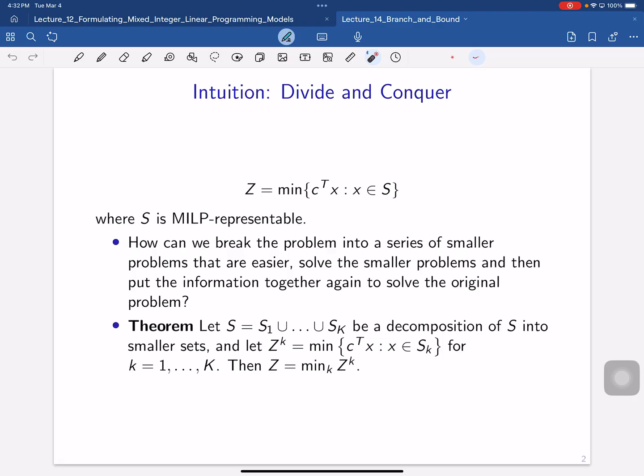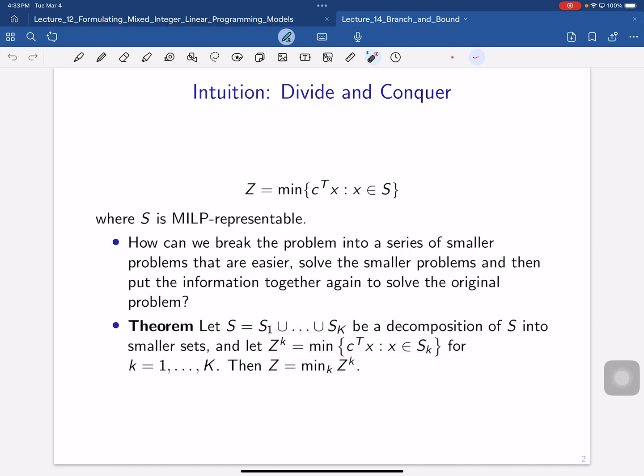In branch and bound, you divide the problem and conquer each of the subproblems. Here is a very easy theorem that motivates branch and bound. Let's assume the set S can be decomposed as a union of subsets S1 all the way to Sk. For each of these subsets, you can solve the subproblem Zk equals the minimum of c transpose x, x in the subset Sk. The minimization problem you get is choosing the best Zk among all the sets Sk.